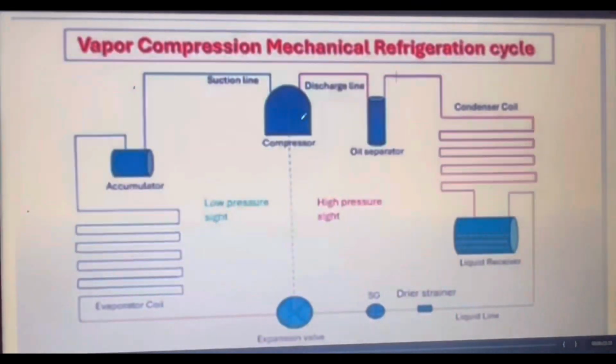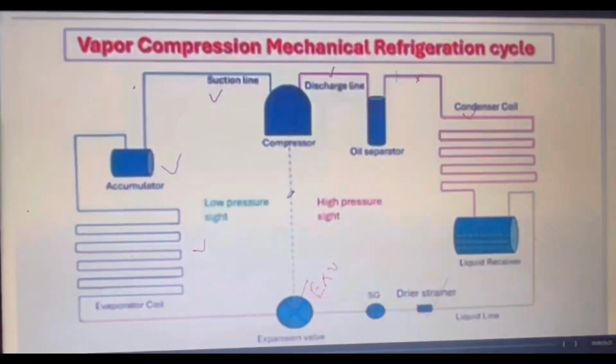The main parts of the refrigeration system are the compressor, discharge line, condenser, liquid receiver, strainer, liquid line, metering device, that is the expansion valve, evaporator, accumulator, and suction line. These components and equipment are connected in series with the help of tubes or pipes.